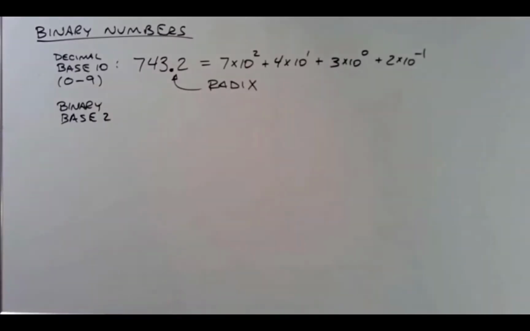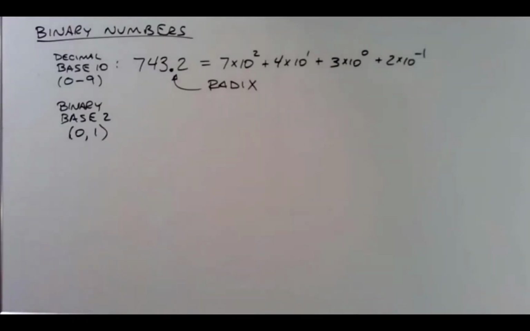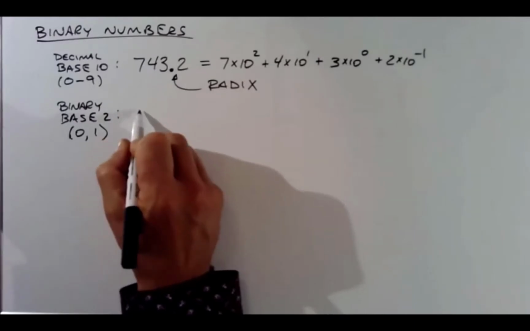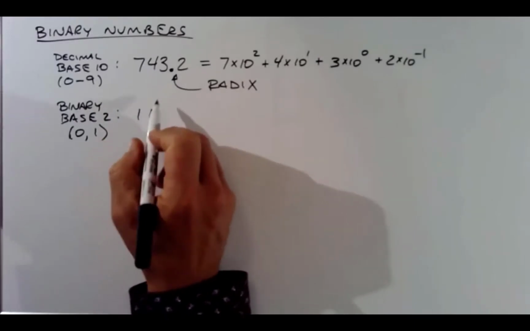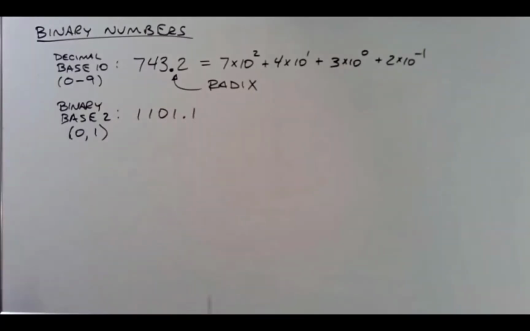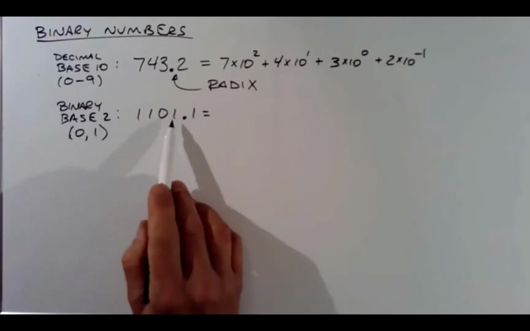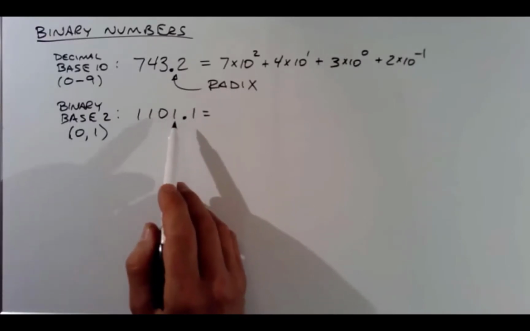So binary is base 2, which means you have 2 symbols to deal with, 0 and 1, for each digit. So when we're looking at a binary number like 1101.1 and we interpret that, again, we have a radix that separates the integer part from the fractional part.